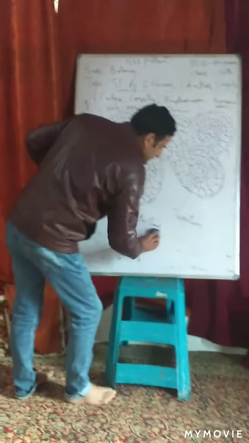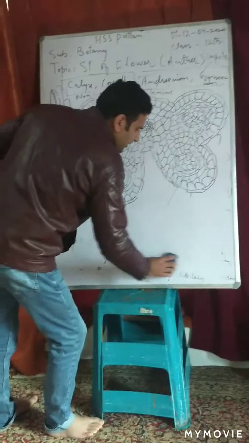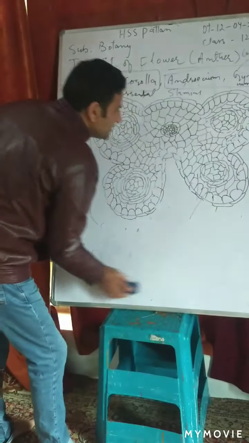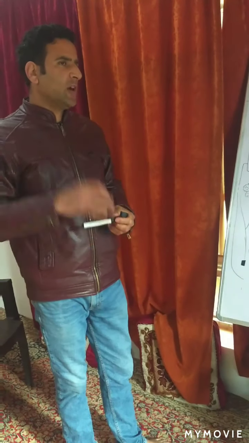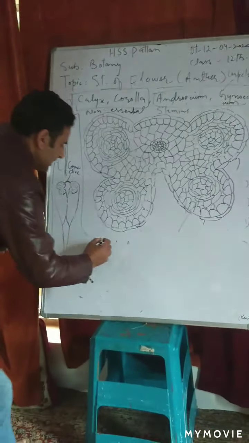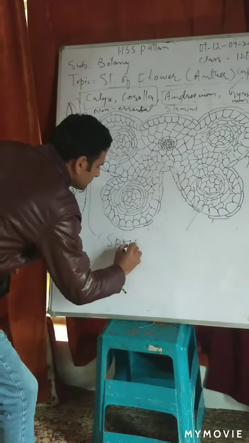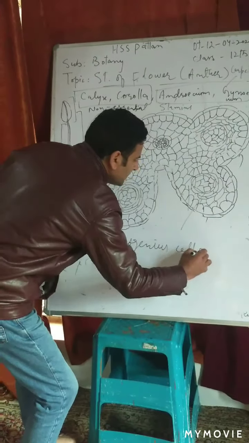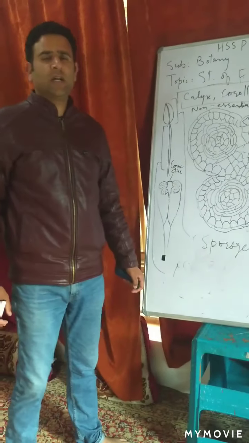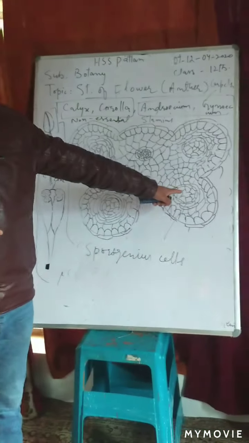Sporogenous tissue lies in the inner cavity of each microsporangium, and this sporogenous tissue consists first of a homogeneous mass of cells which are called sporogenous cells.